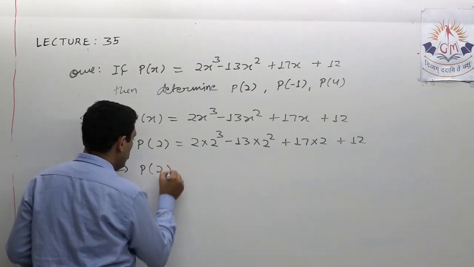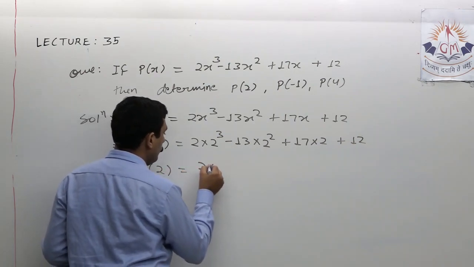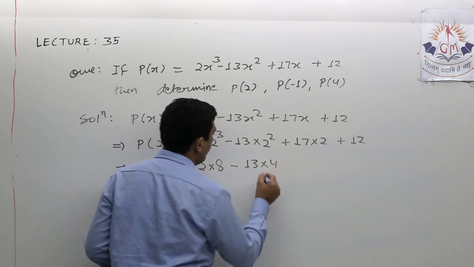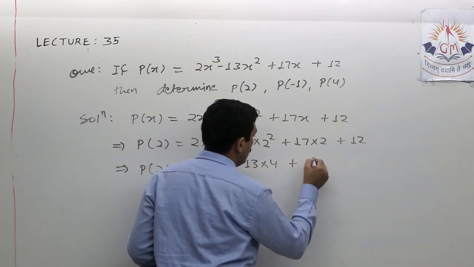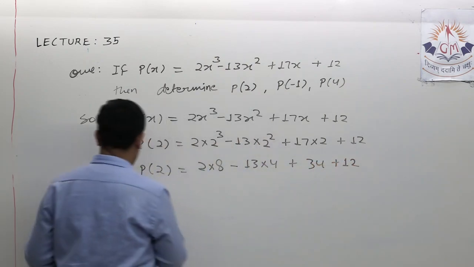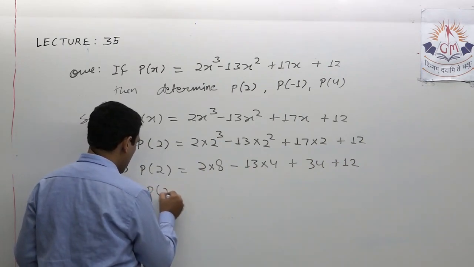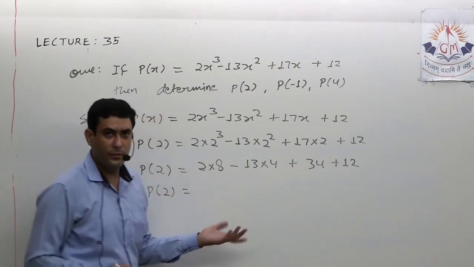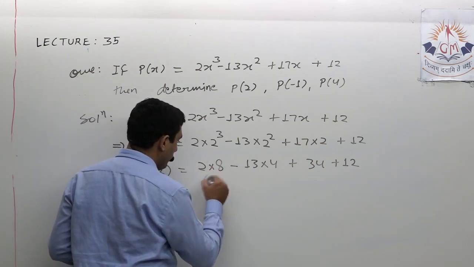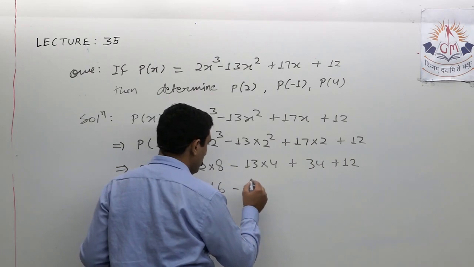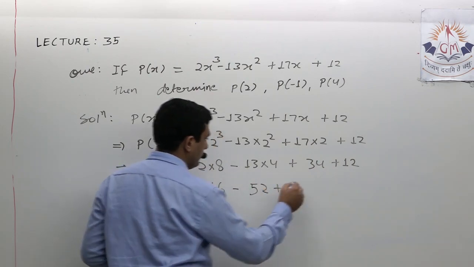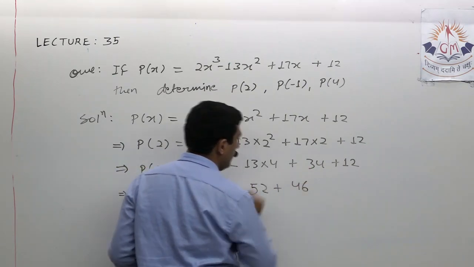So p of 2 is equal to 2 into 8 minus 13 into 4 plus 34 plus 12. So p of 2, it's very easy, you just have to put the value and calculate to get the final answer. 2 into 8 is 16, minus 52, plus 46.